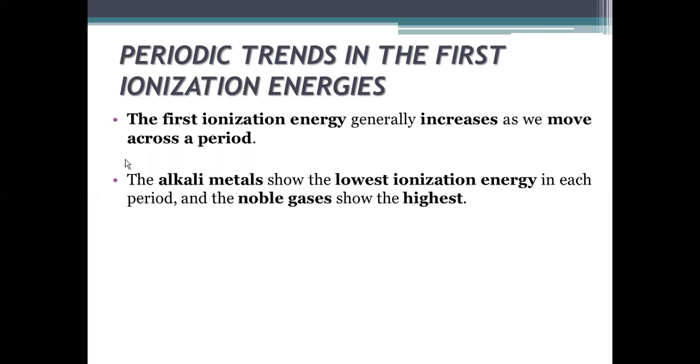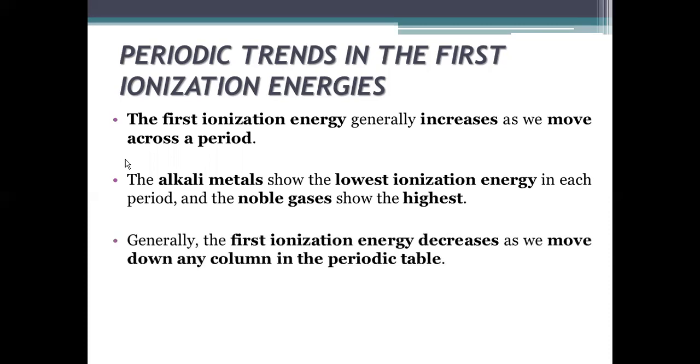I'll go through the reason why it is so. And next, generally the first ionization energy decreases down the group, as we move from top to bottom. What is the reason? That we will also discuss.